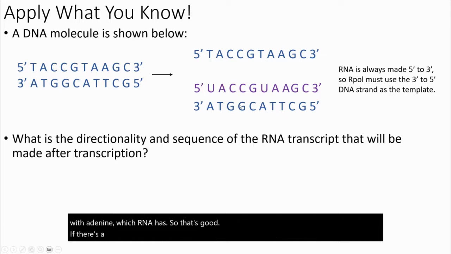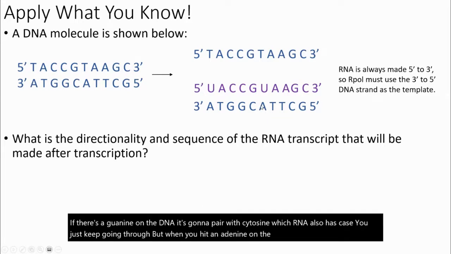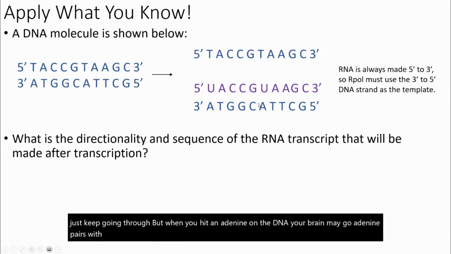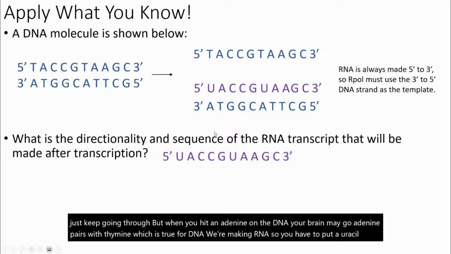If there's a guanine on the DNA, it's going to pair with cytosine, which RNA also has. So you just keep going through, but when you hit an adenine on the DNA, your brain may go, ooh, adenine pairs with thymine, which is true for DNA. We're making RNA, so you have to put a uracil instead.